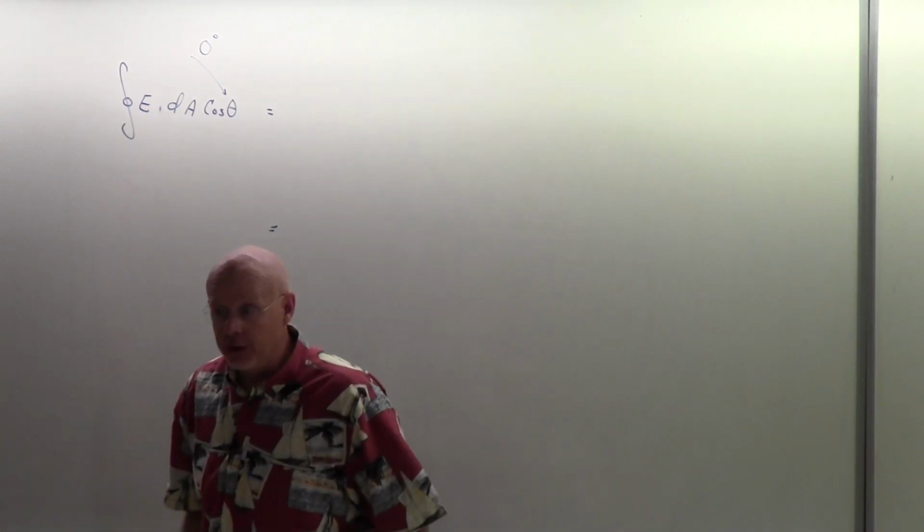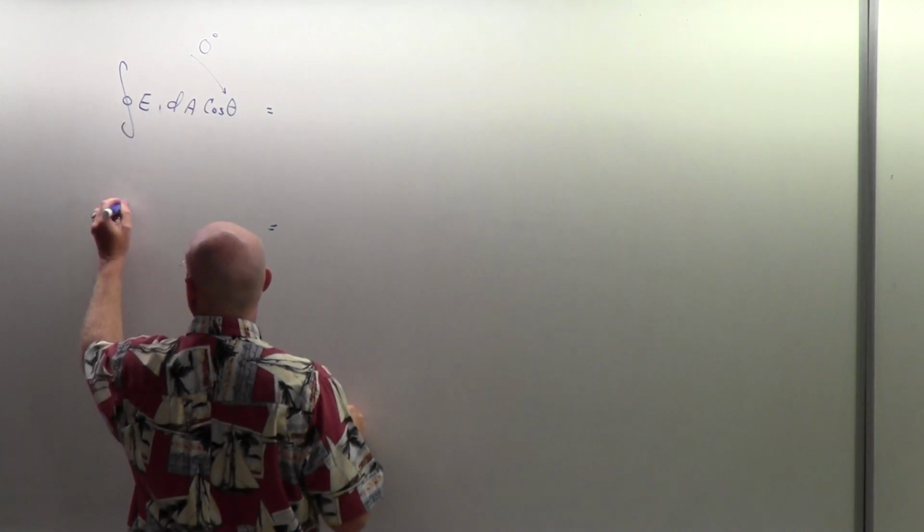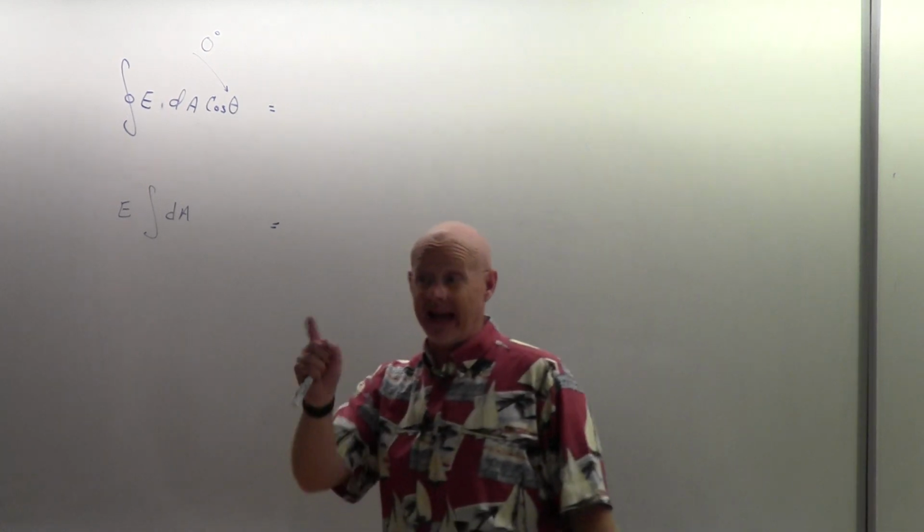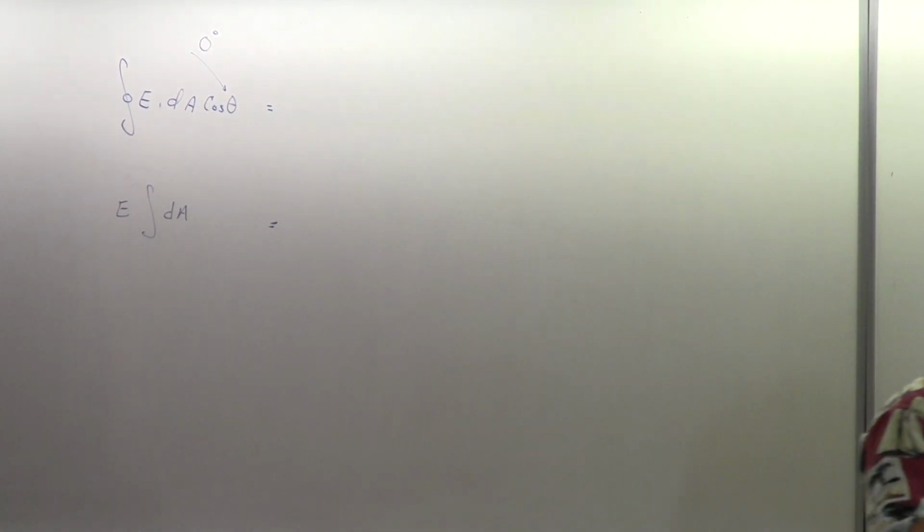What about the electric field, as we argued? It has the same value everywhere on the Gaussian surface, and I want to emphasize that. I am not saying the electric field is a constant everywhere in space, but I am saying the electric field is a constant everywhere on the Gaussian surface, and that's what I'm integrating. So I'm going to pull it in front of my integral for the surface.